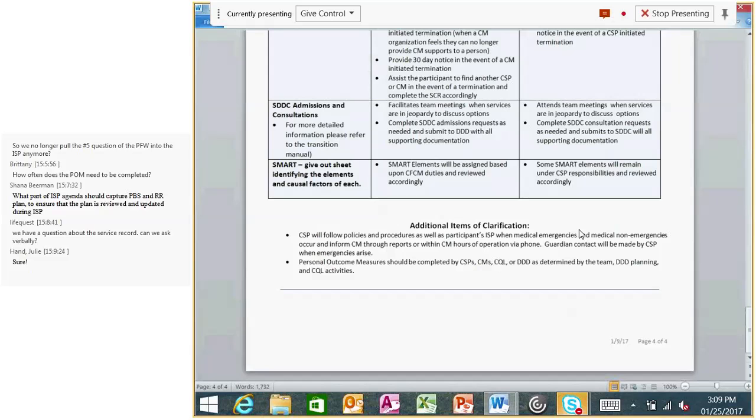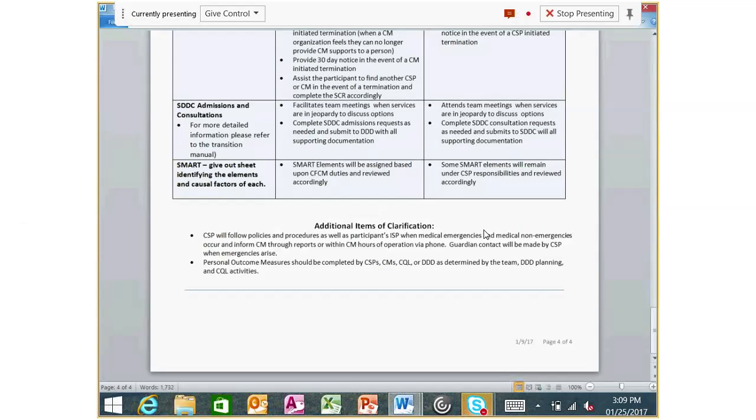In terms of the old service record and filing of significant change requests, on the significant change request, if you have a change to day services or pre-voc, as we call them now, you have to record the number of hours a person is currently in and the number of hours they would change to.